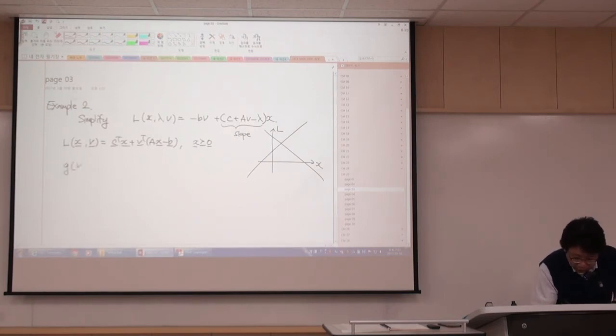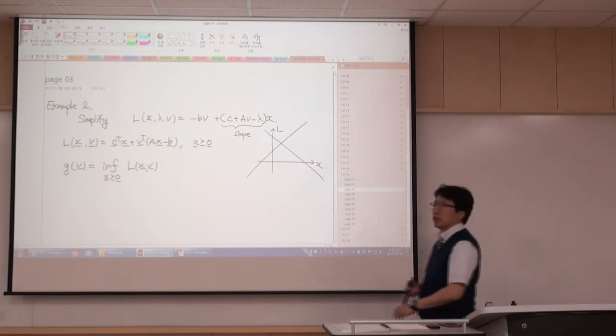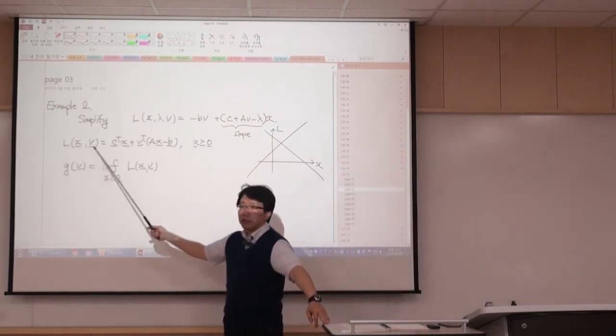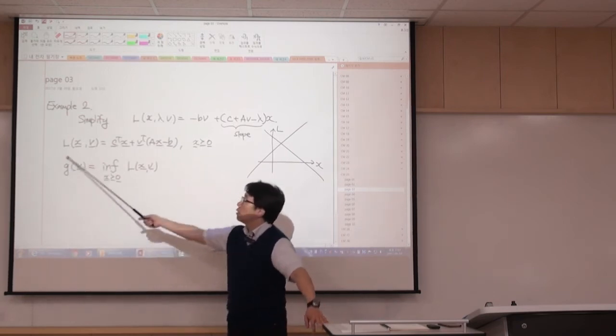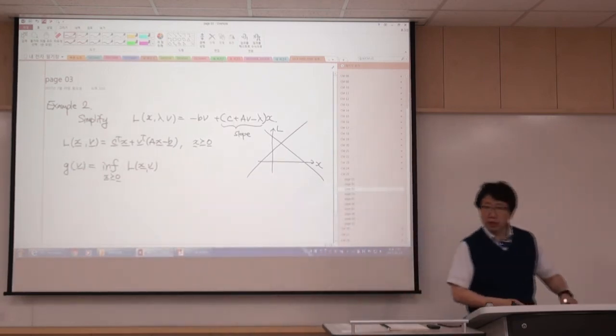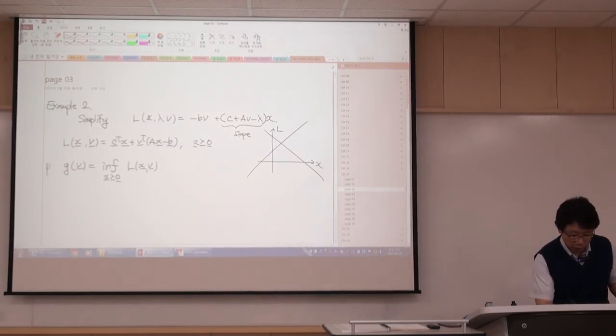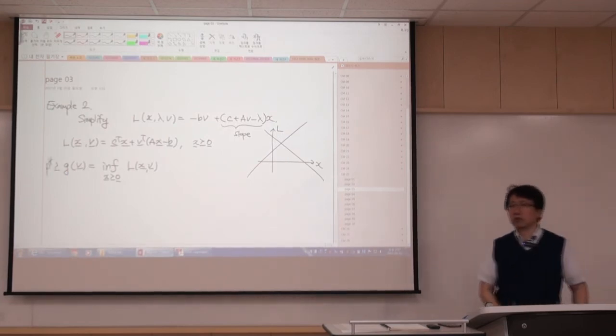So I may define G of nu as the infimum of L(x, nu) where x is greater than or equal to 0. Let me ask you a question. Can it serve, for any nu, as a lower bound of P star? Yes, this always works.